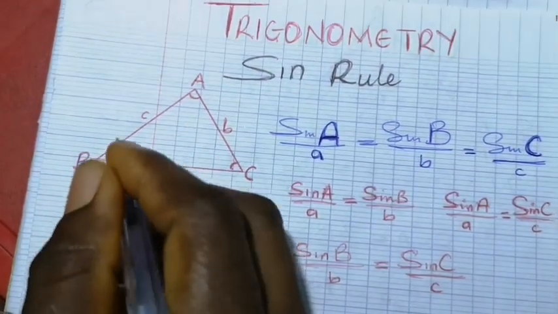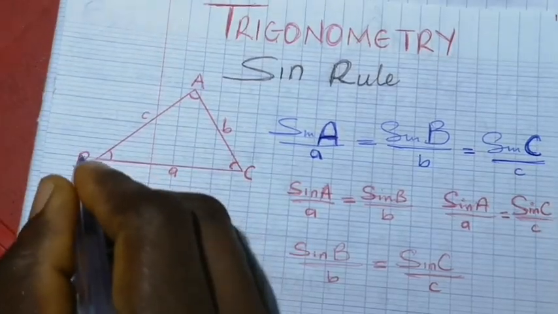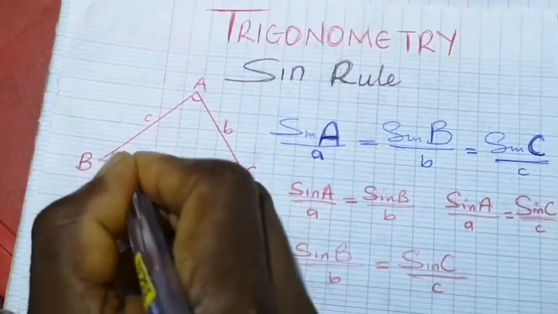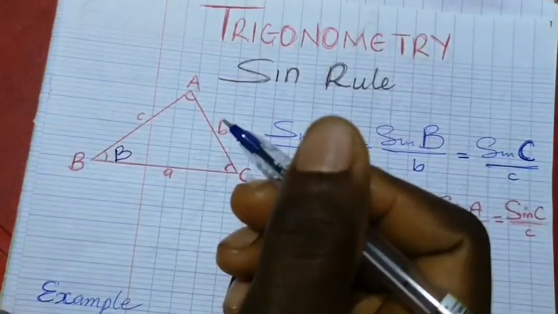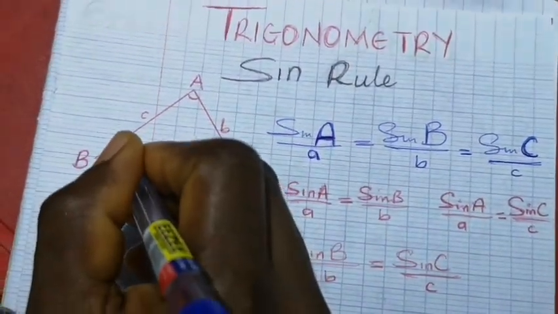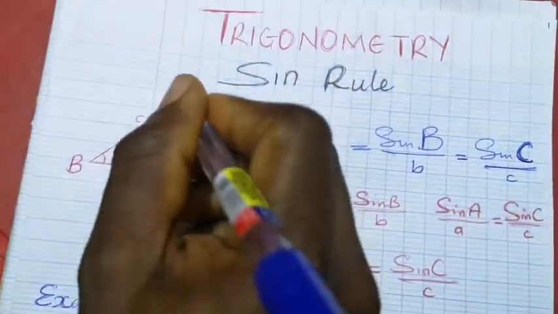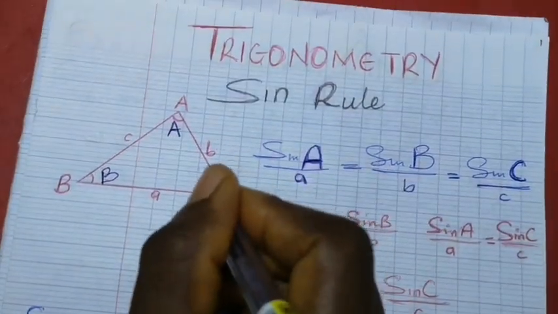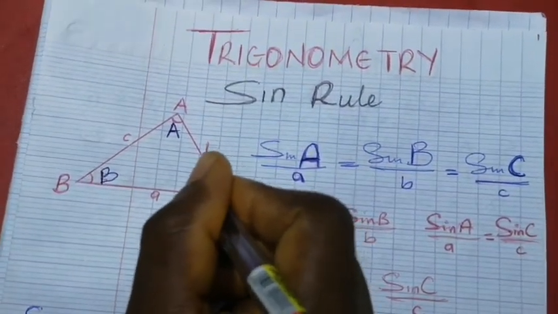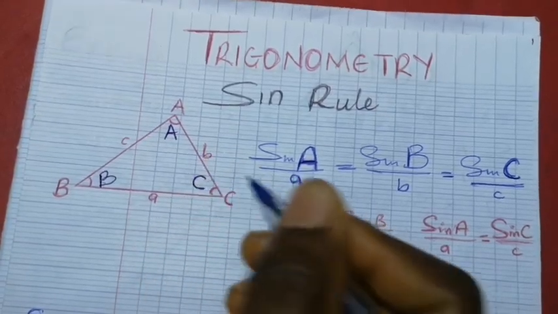Like in this place, since here is capital letter B, the angle formed here is also capital letter B. So that is what we call this angle. Here the angle is A, and here the angle is C.